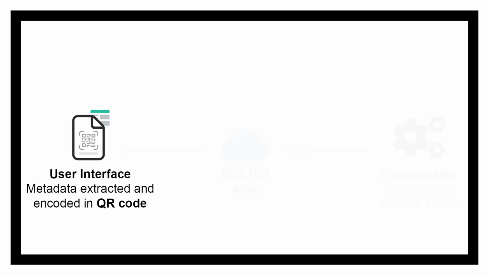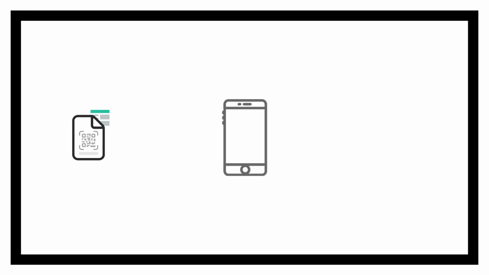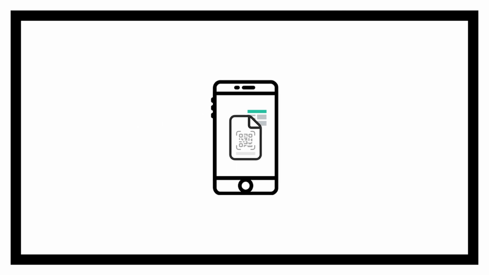Frappé achieves this by encoding the user interface metadata inside a QR code and offloading all functionalities to API calls. An end user can load Frappé apps by simply scanning the QR code, and the user interface is reconstructed ad hoc on the user's mobile device.